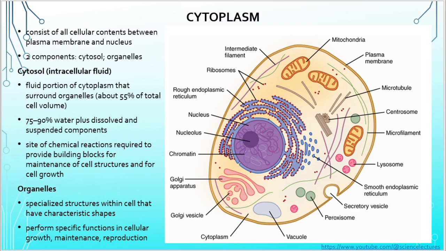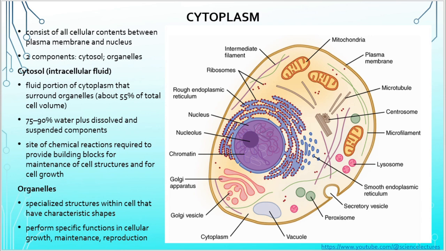The cytosol is the site of many chemical reactions required for a cell's existence. For example, the enzymes in the cytosol catalyze glycolysis. These are a series of 10 chemical reactions that produce two molecules of ATP from one molecule of glucose.